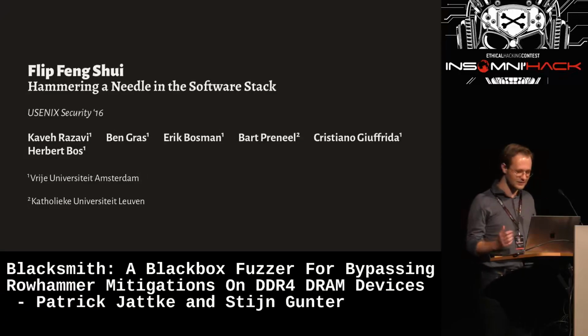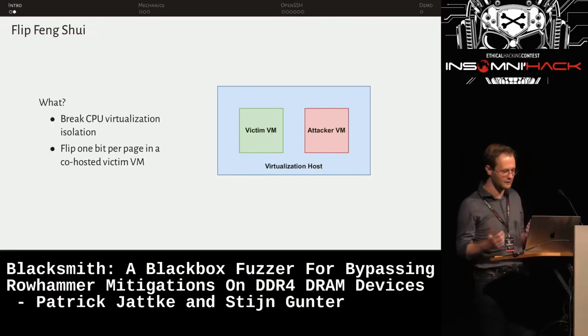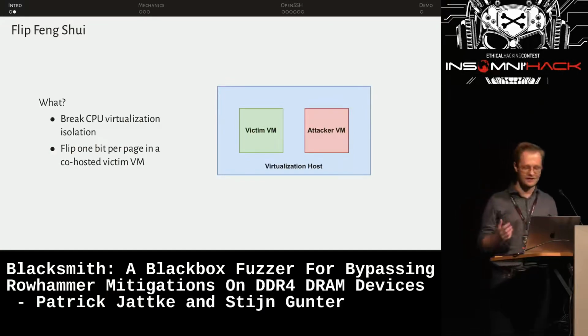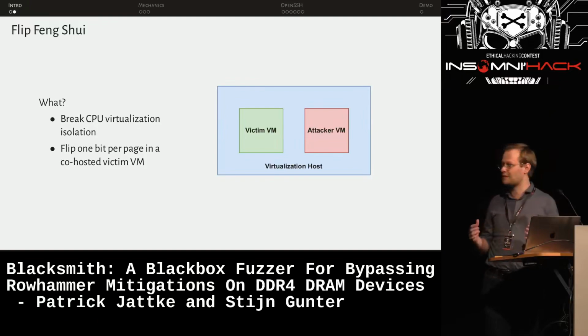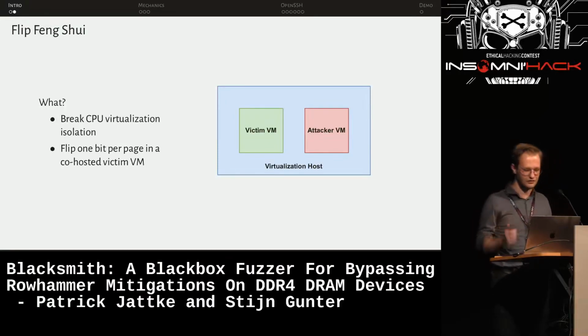Essentially, Flip Feng Shui is a technique for a situation where we have two VMs on one virtualization host. We have a victim VM and an attacker VM. And this technique allows us to break CPU virtualization isolation by flipping one bit in a physical memory page in our co-hosted victim VM.